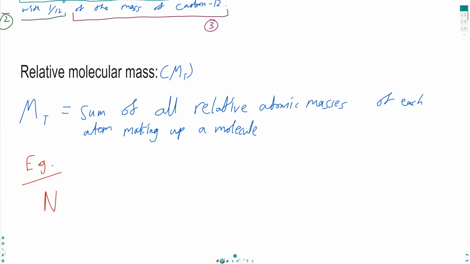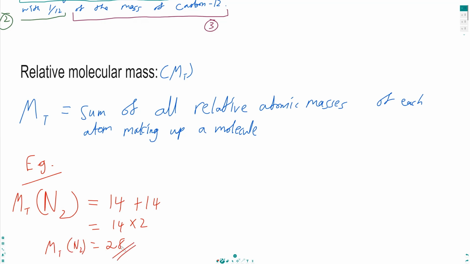If I want to find the Mr of nitrogen, N2, you would first do 14, which is the relative atomic mass of nitrogen, and because there are two nitrogens, you do 14 plus 14, which is 14 times 2, which is equal to 28. So the Mr of nitrogen is 28.